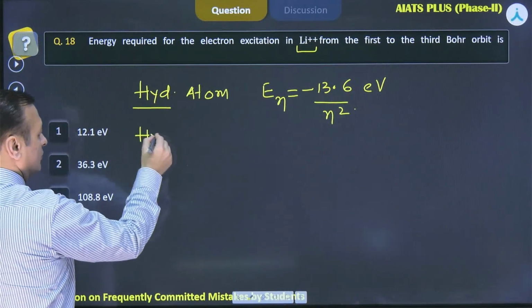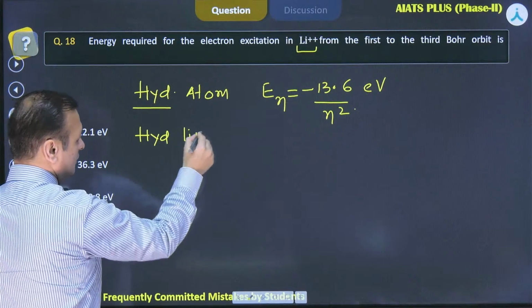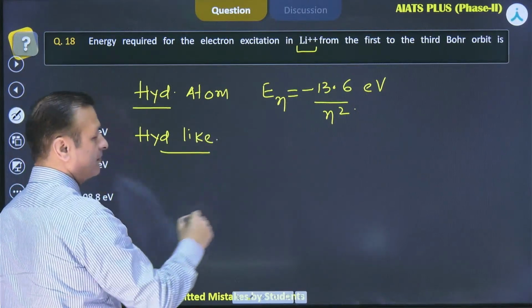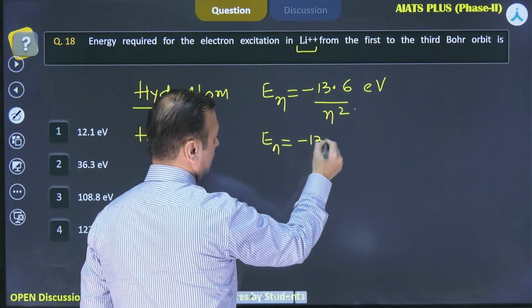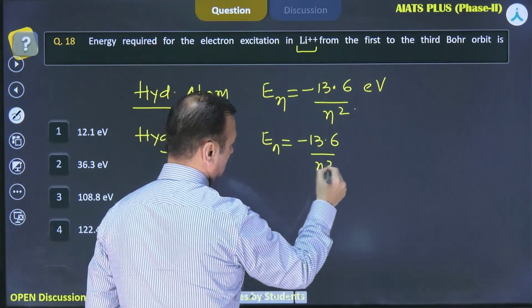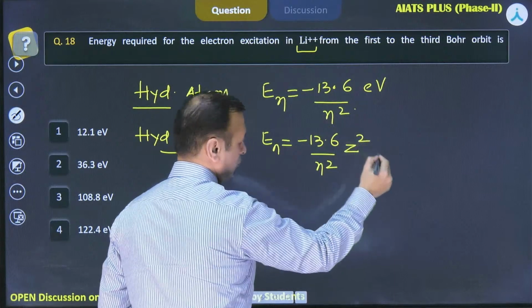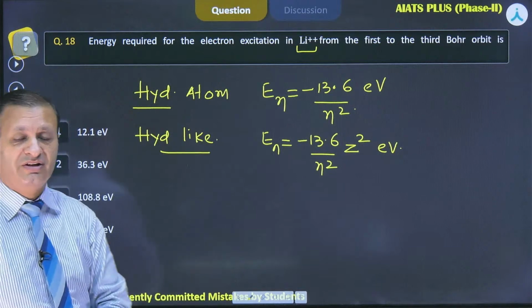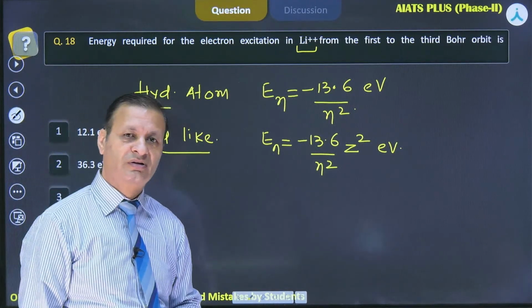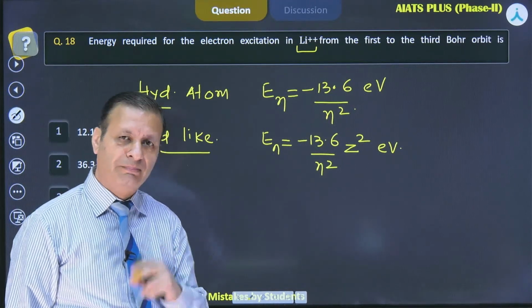But for hydrogen-like, this expression becomes with Z there. What does this Z mean? Atomic number.